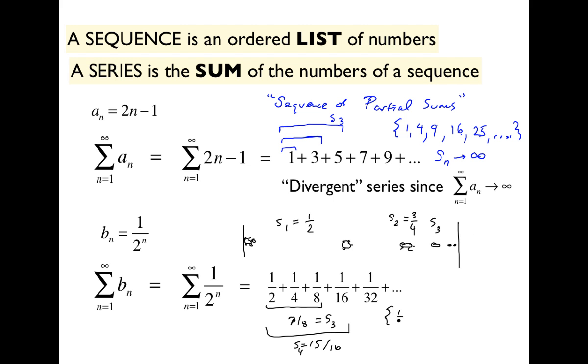And so now we imagine this sequence, right? This sequence, 1/2, 3/4, 7/8, 15/16, 31/32. So, does the sequence converge? Does the turtle make it across the lawn?